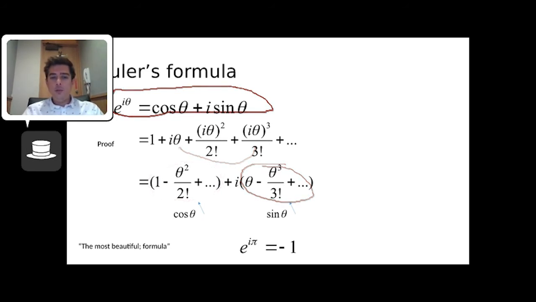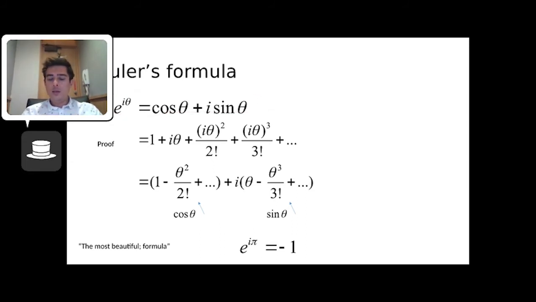This is said to be one of the most beautiful formulas in mathematics, basically because you can relate maybe three or four very fundamental types of numbers in mathematics all to each other. This e is equal to a special number called Euler's number, which is 2.7 something, a particular irrational number.